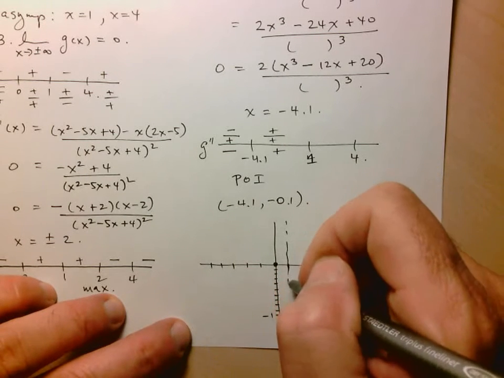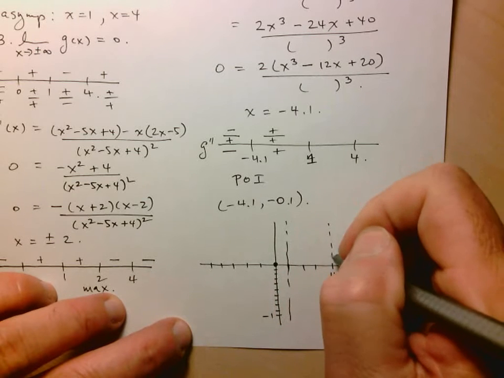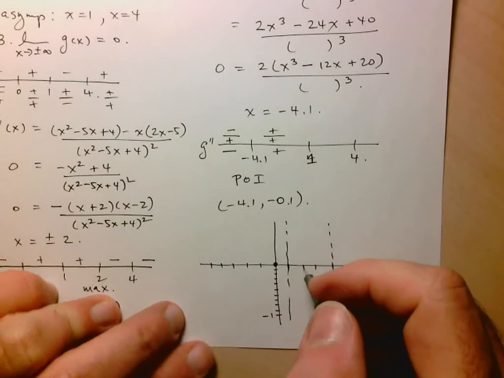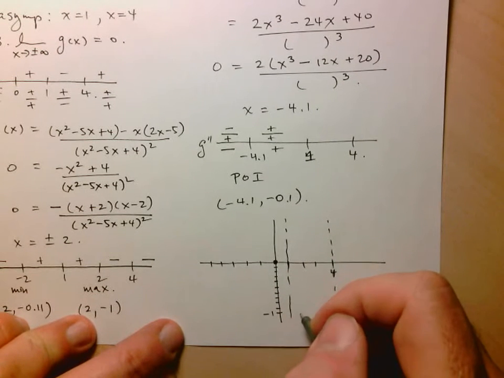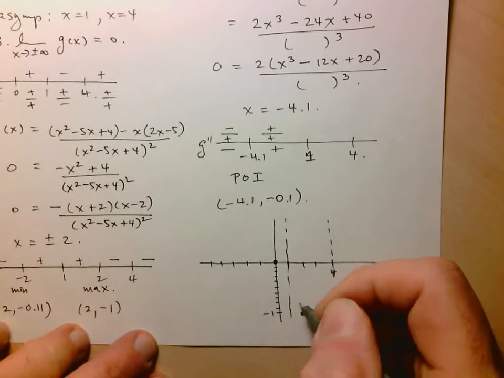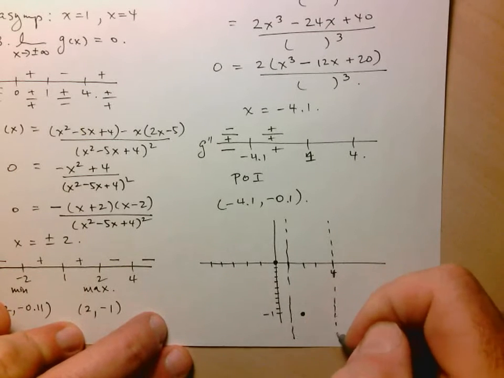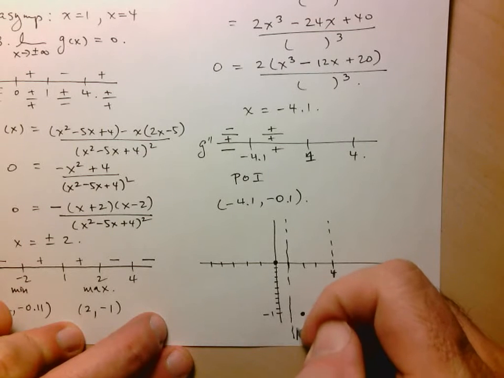Here we have one vertical asymptote. Here we have another vertical asymptote. We have our maximum at 2, negative 1. Okay, and we're going from increasing to decreasing. So this will look like this.